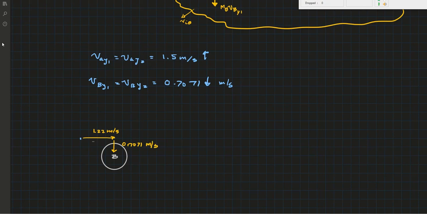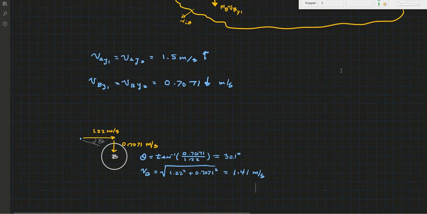We can certainly calculate this angle if we wanted to. Let's call this angle theta, which is approximately 30 degrees, and the magnitude of the velocity of B is going to be equal to the square root of the sum of the squares of these components. So B is heading in this direction.